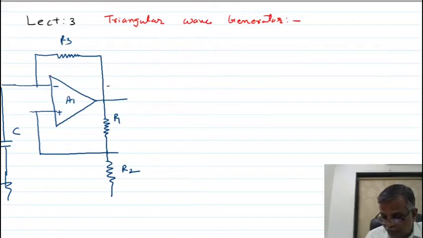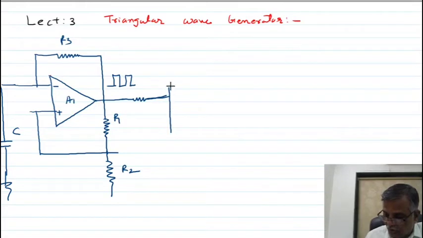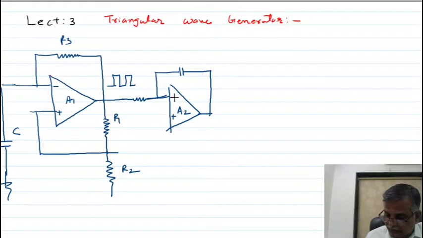The output of this section, see this output, I am giving to the negative terminal of the op-amp A2. This is your integrator circuit. This is plus minus. This capacitor C1 I am writing. This is R3. This is your, I am showing you R4.